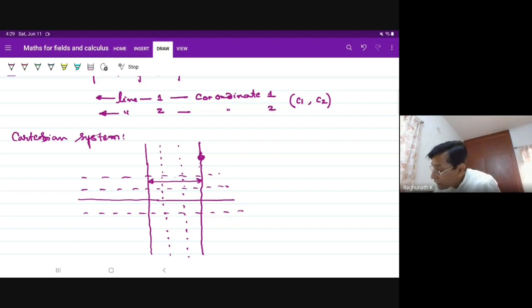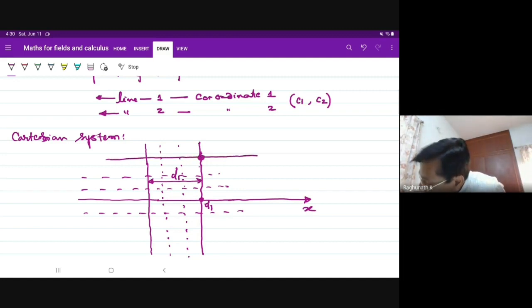The distance of this is measured along this axis called the x-axis. This line intersects x-axis at x is equal to d1. This is what we saw. Then draw a line parallel to the reference horizontal line.